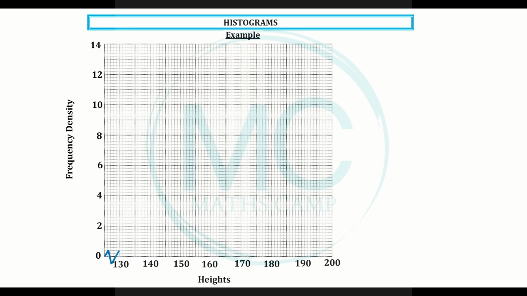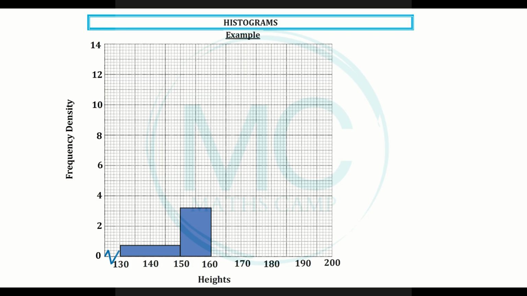And now I can draw in my bars. Heights between 130 and 150 centimeters have a frequency density of 0.8. So let's draw this bar in like that. From 150 to 160, I have a frequency density of 3.2. So I can draw this bar. 160 to 170 has a frequency density of 7.6.